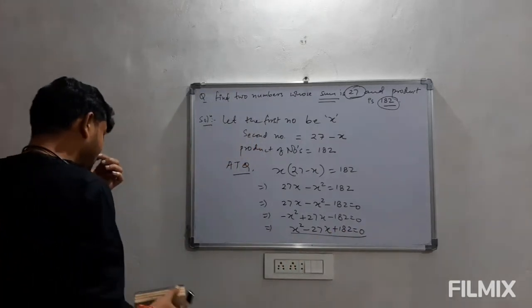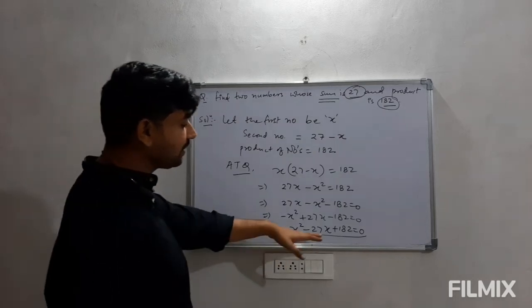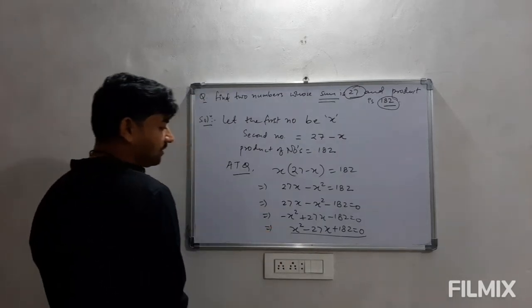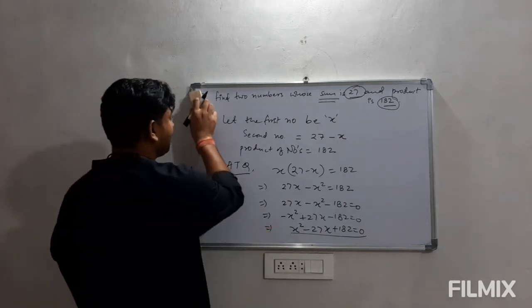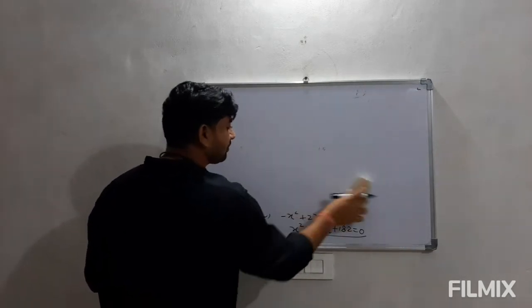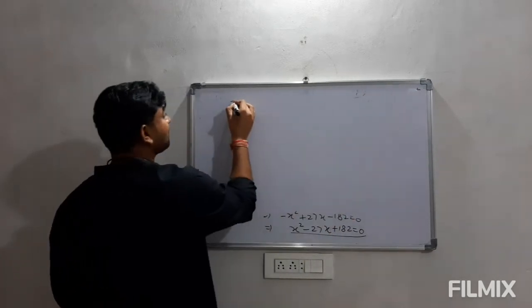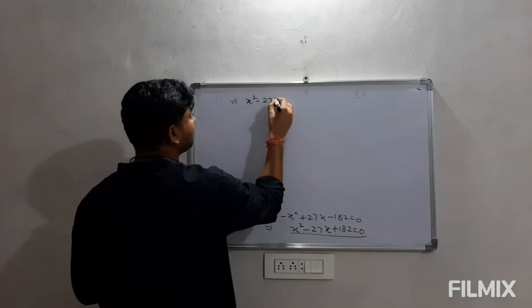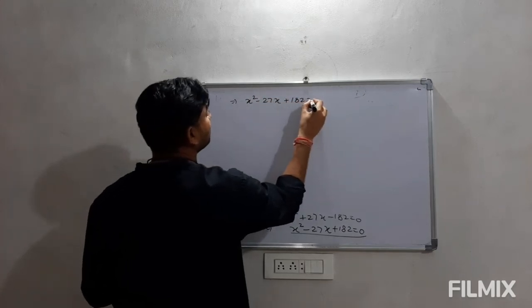Now the process is very simple. We have to factorize this by using factorization method. So our target is to find the factors of this expression. The expression is x square minus 27x plus 182 is equals to 0.